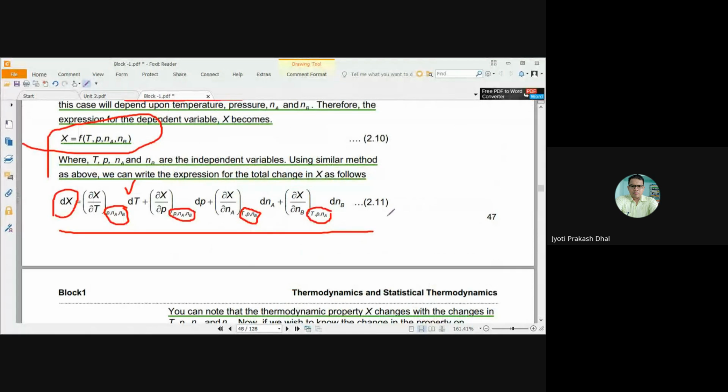And in this equation 11, two terms will be cancelled out, because at constant temperature and pressure dT will be 0, so this term will become 0. And similarly, dP will be 0, so this term will also become 0.